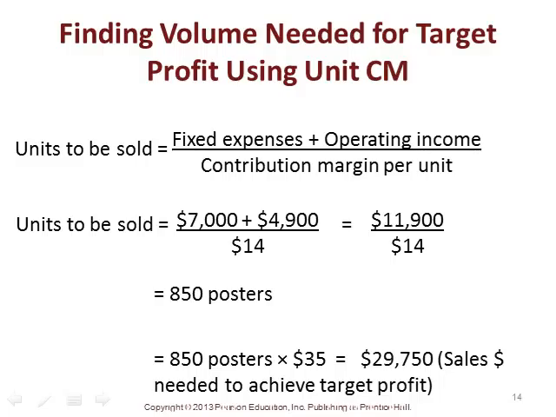So you can see it's the same formula as what we had before. We just had earlier assumed 0 operating income. Now we're saying, no, we want to earn $4,900 in operating income. So you can see, again, this gives us a very quick way of determining some answers to volume considerations if we're looking at particular cost behaviors.